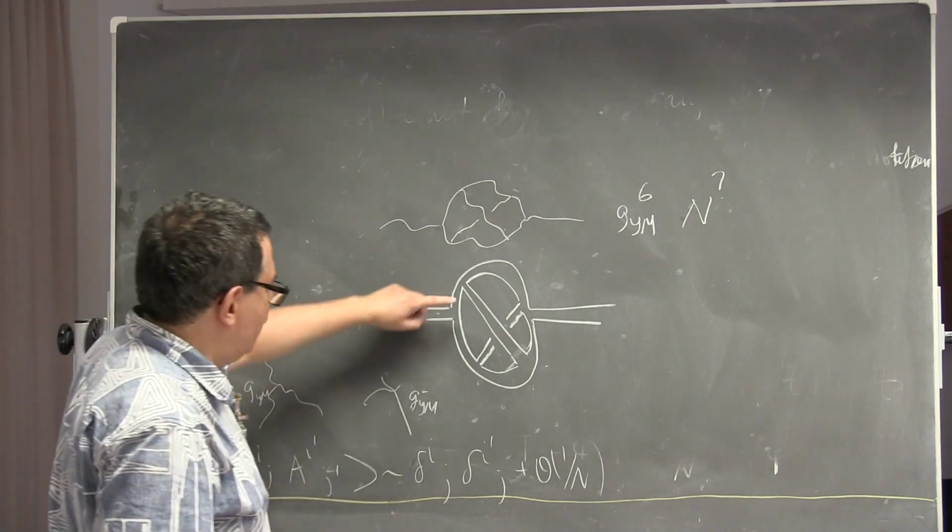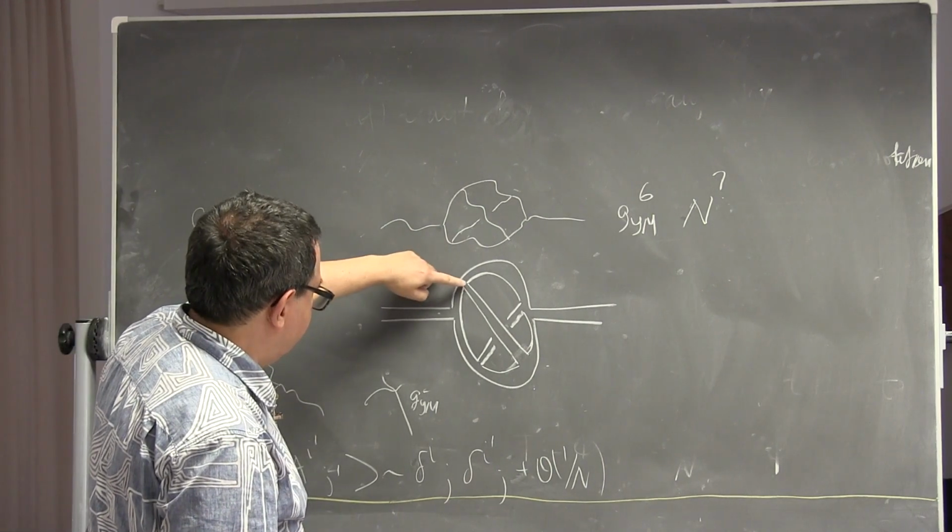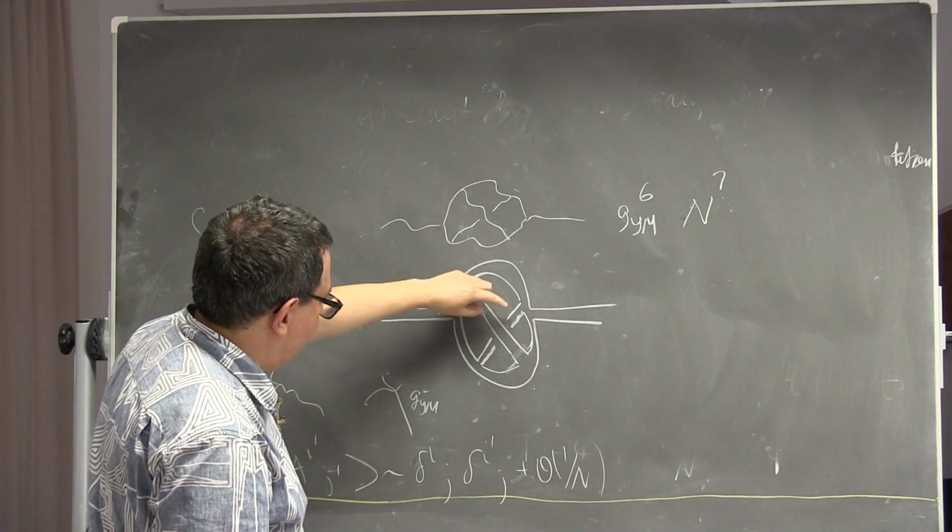So you see that each structure of the vertex is exactly as we need it here, right?